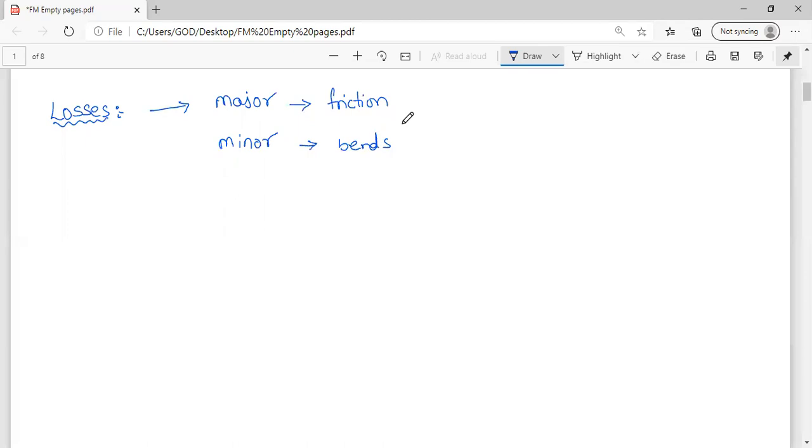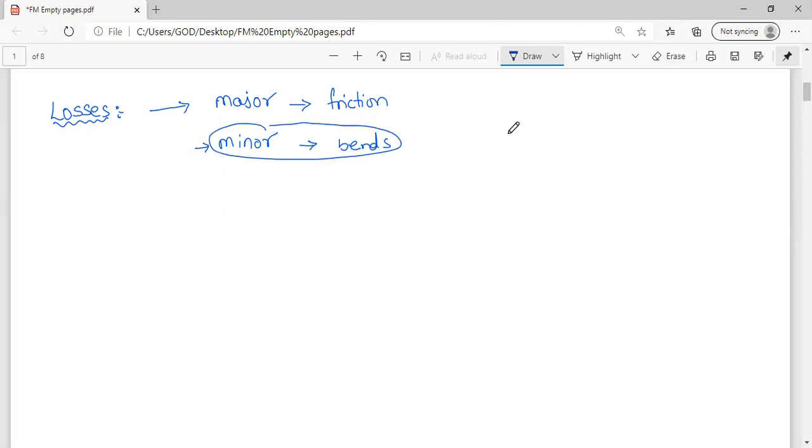Most generally for minor loss we will take bends as the major phenomenon. Sometimes people will take fittings, cross sections. With the help of that, we get a very negligible small amount of losses that we call minor losses.